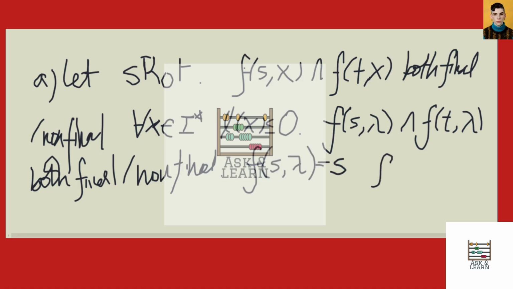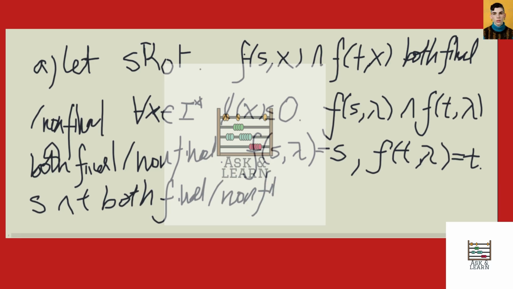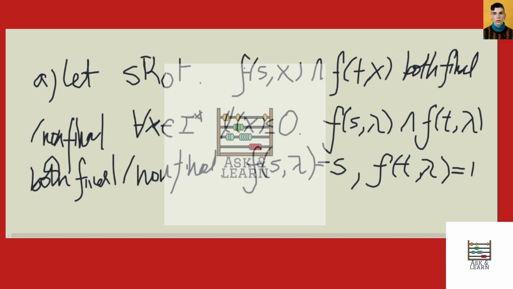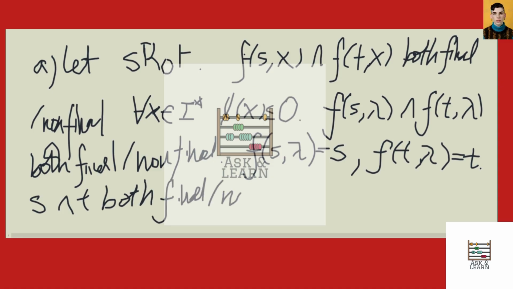Now we have that by definition, f of s lambda is s and f of t lambda is t. So we have that S and T are both final states or both non-final states.